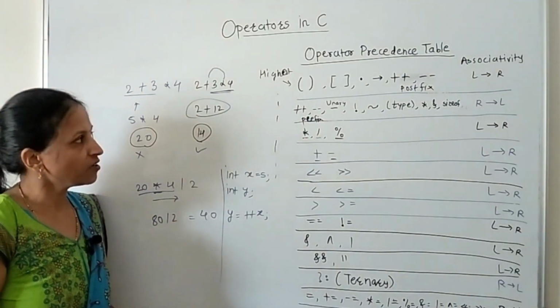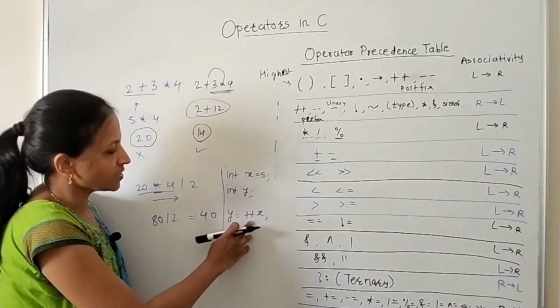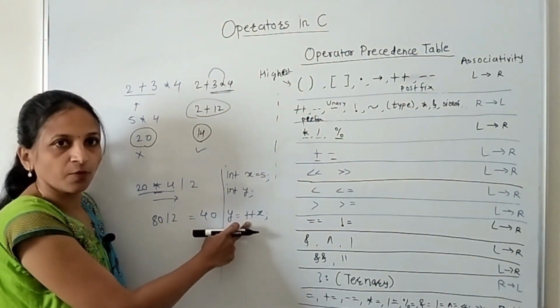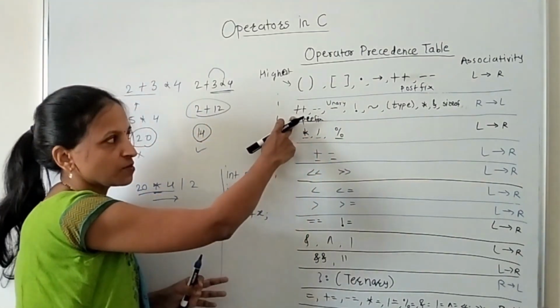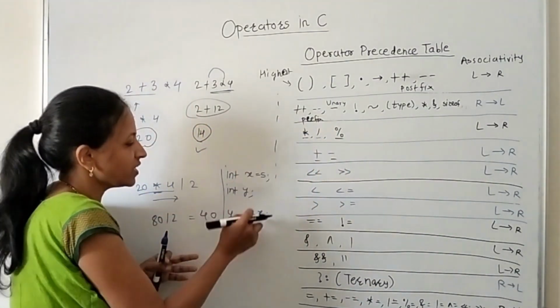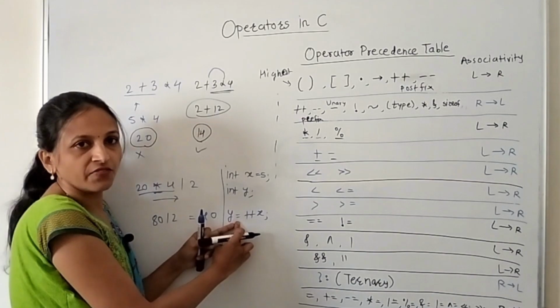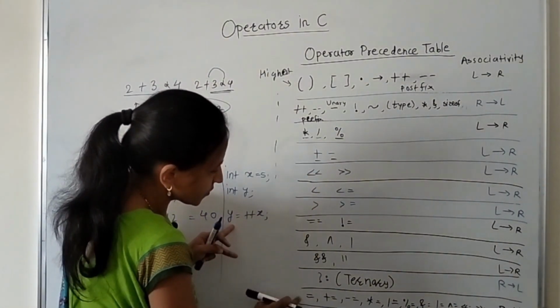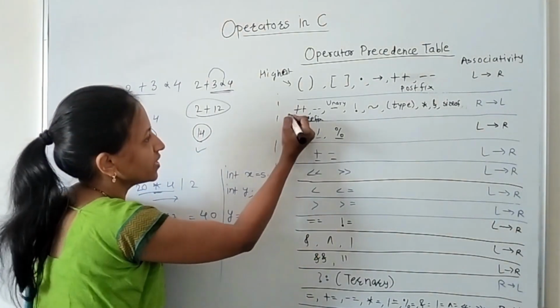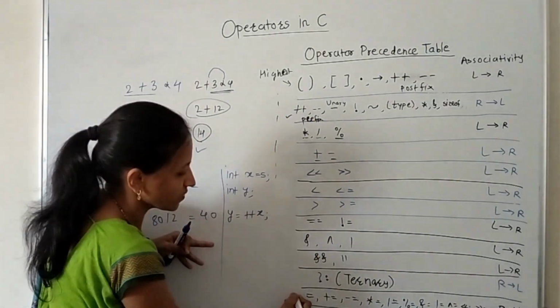Now we know that this ++x is a pre-increment operator. Pre-increment means a prefix operator, and it has higher priority than the equal to operator. So the priority of this one is greater than this one.